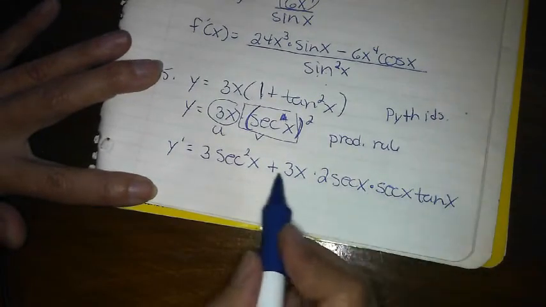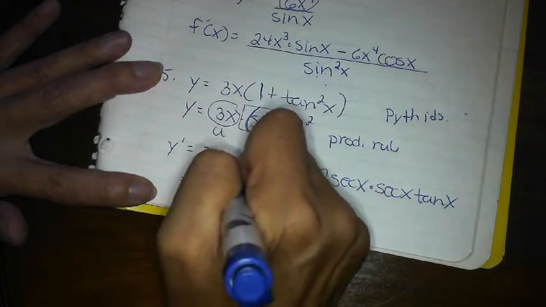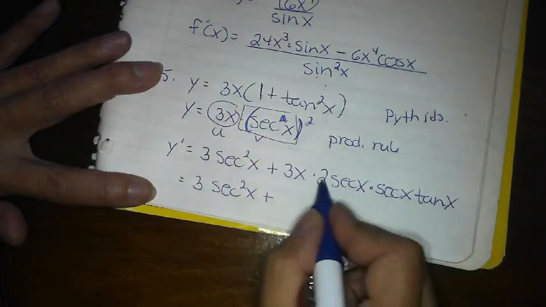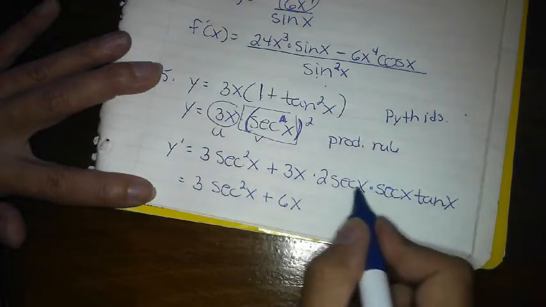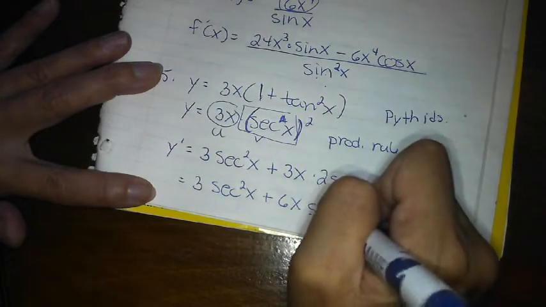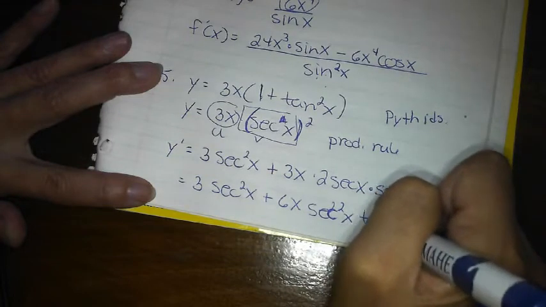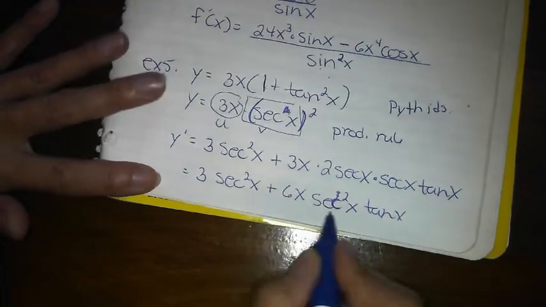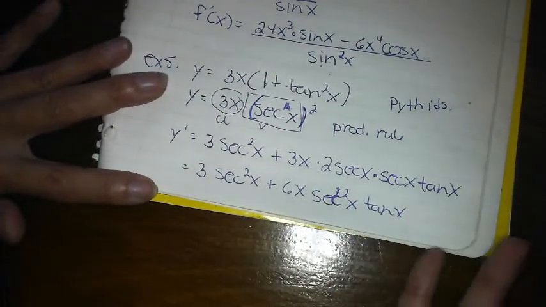Okay, simplifying, this first term is going to stay exactly 3 secant squared x, plus this one's going to turn into 6x. I've got a secant times a secant that'll combine and make a secant squared. Oops, secant squared x tan x. And like I said, I don't think the author factors, but if you see parentheses in the answer, you're going to know we factored.